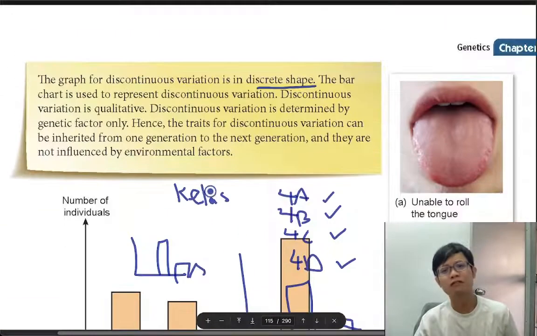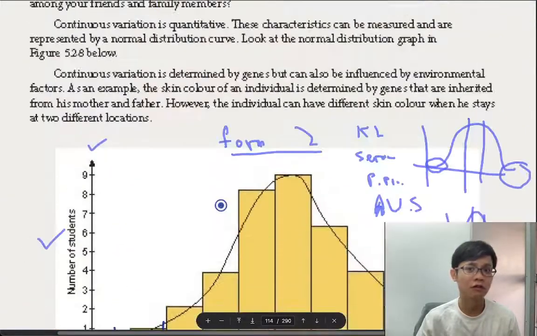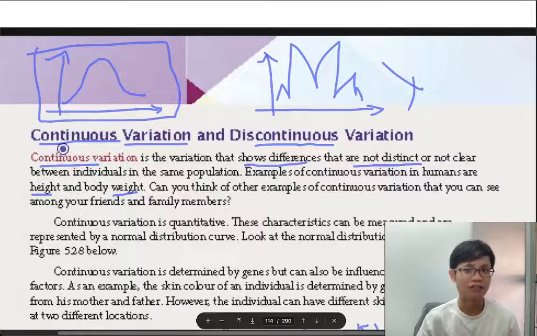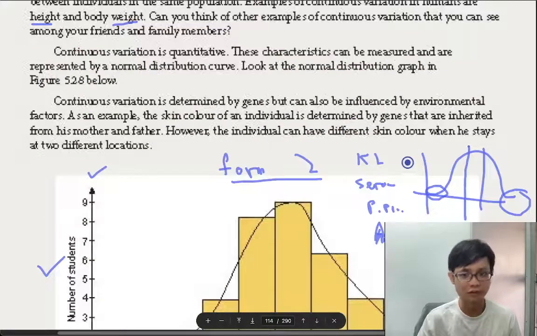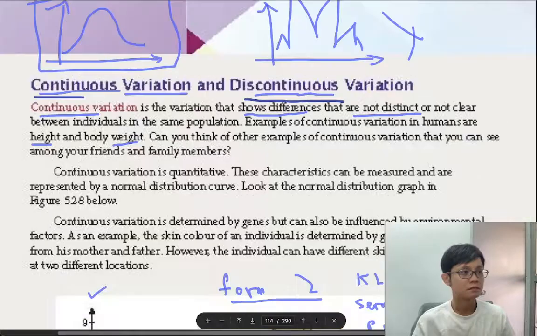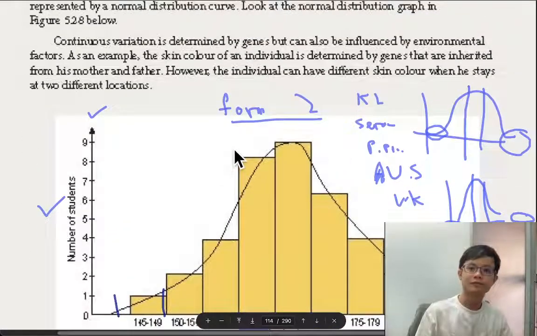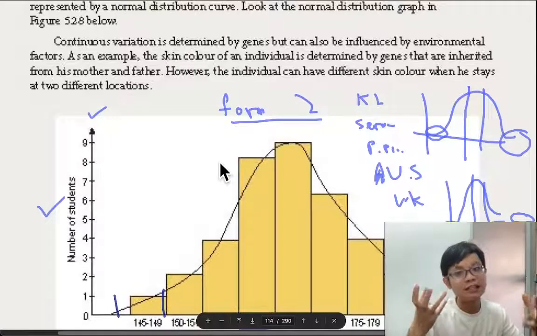So why do we want to learn this? Why do we want to know about graphs in science, continuous and discontinuous variation? Of course, not just because the exam asks. We learn it for the information, because it shows a pattern.